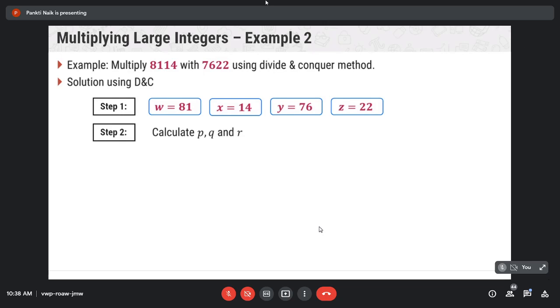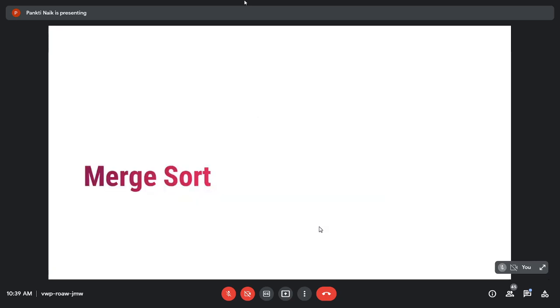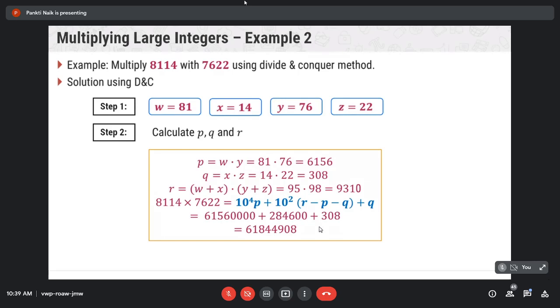Step 2 is to calculate p, q and r, where p is equal to w into y, q is equal to x into z, r is equal to (w plus x) into (y plus z). Put these values into the equation 10 raised to 4 p plus 10 raised to 2 (r minus p minus q) plus q, and we get the multiplication answer.